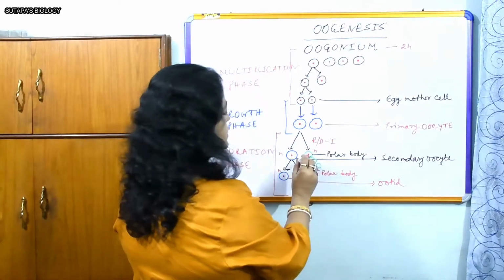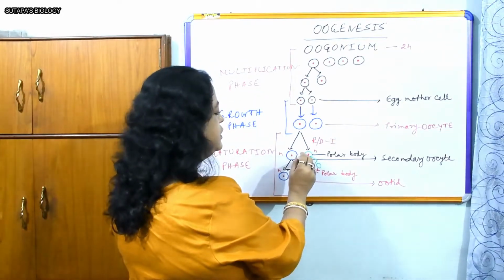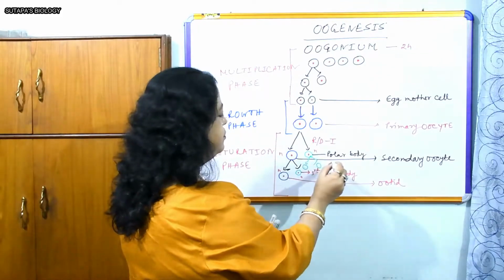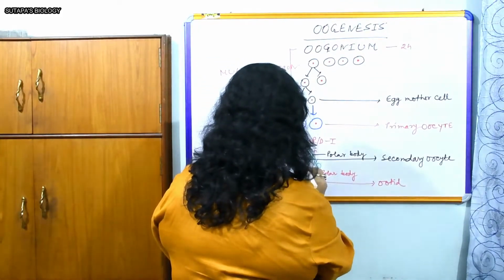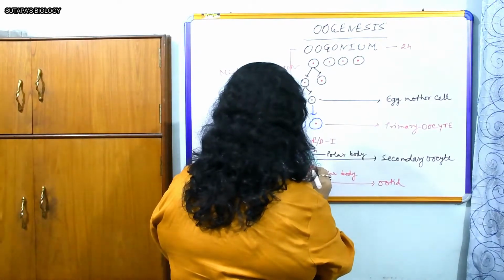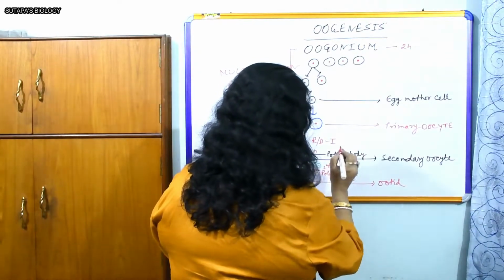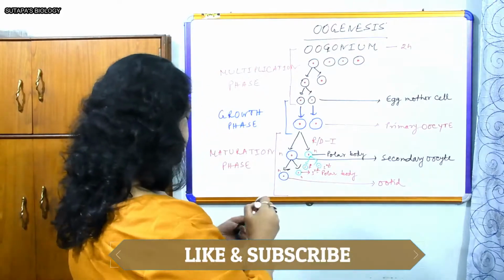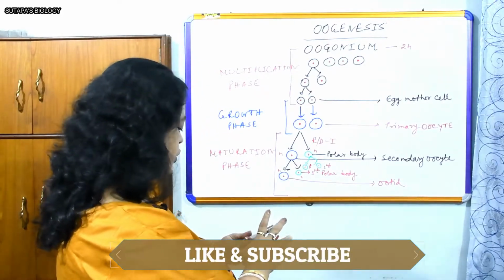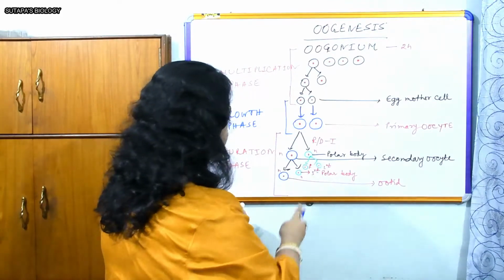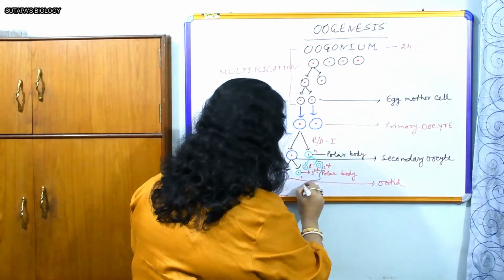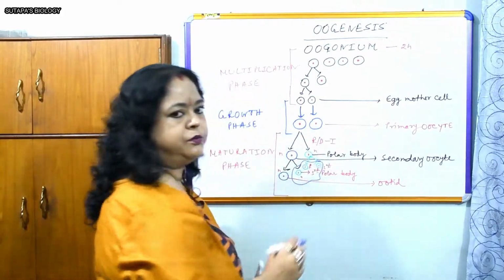So this is first and this is second polar body. So 3 polar bodies are formed here, which will be degenerated later. These are the formation of 3 polar bodies.